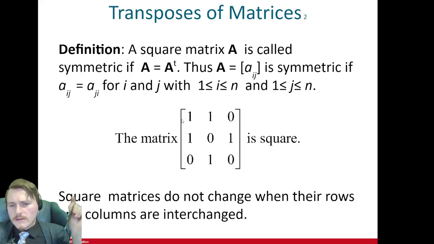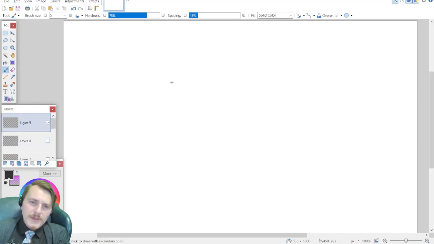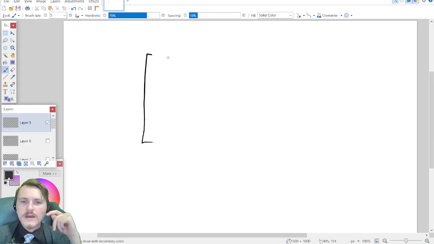So the diagonal is the diagonal. 1, 1, 0, 0, 1, 1. Okay, that's equal. Right? If we take a look at another item here, let me make a different matrix. I'm not going to even promise you whether or not this is going to be symmetric.